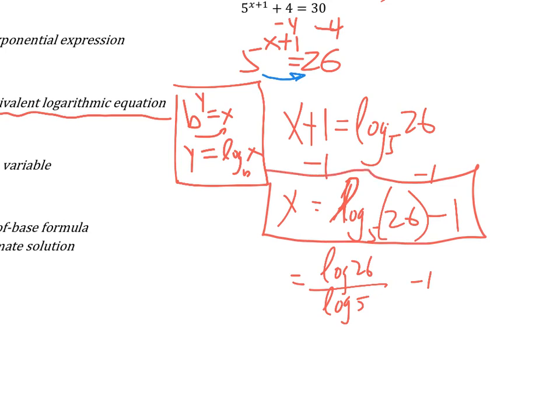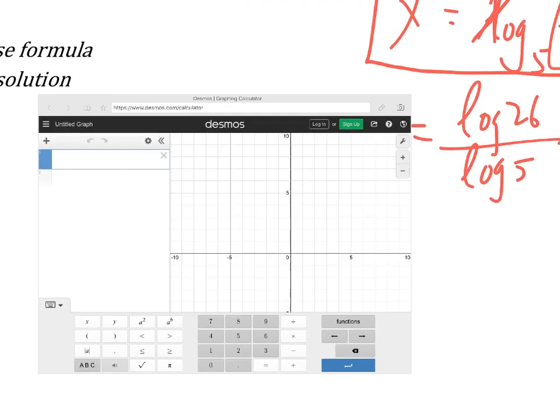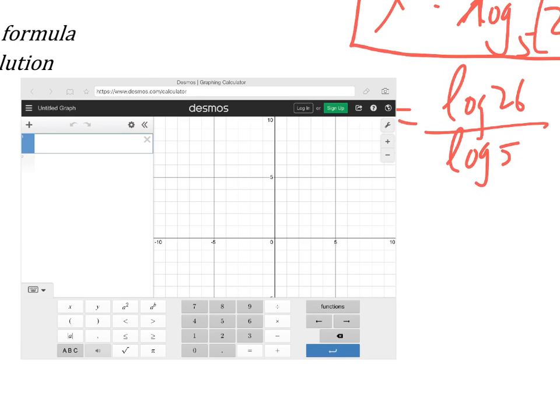But if we go to our calculator again here, log of 26 divided by log of 5.